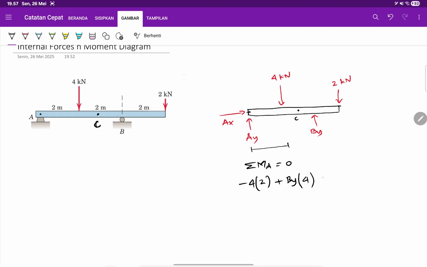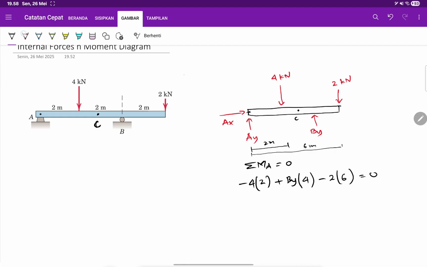And then you'll have a clockwise moment of 2 kilonewtons times 6, because the distance from here to here is 6 meters, and they are equal to 0.